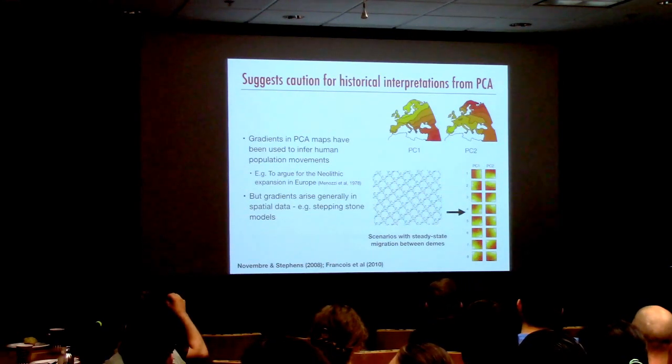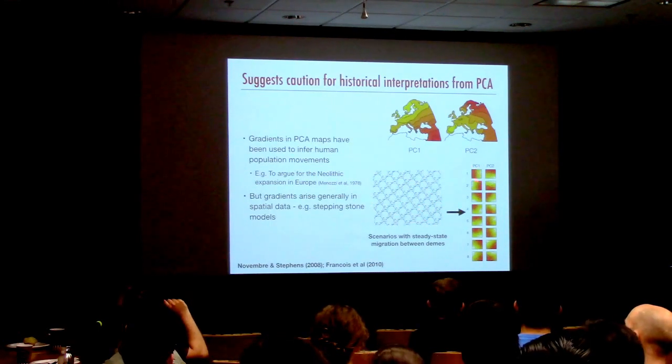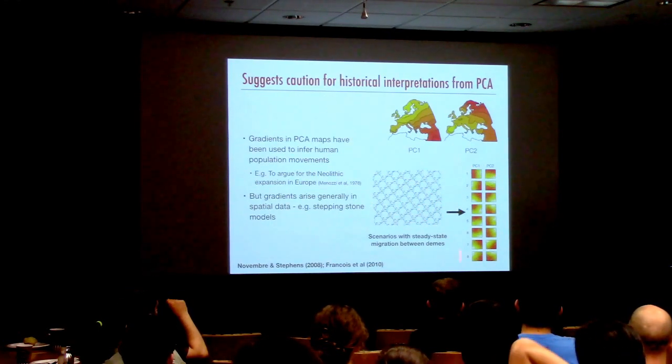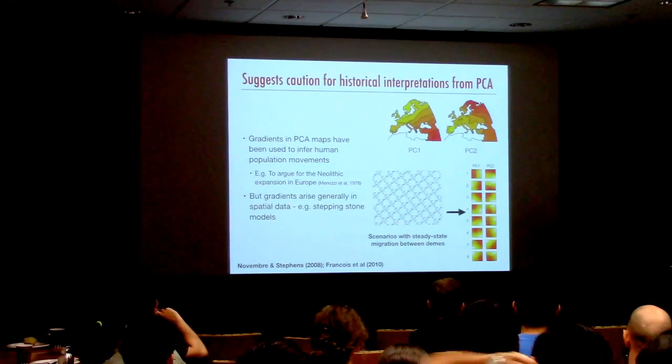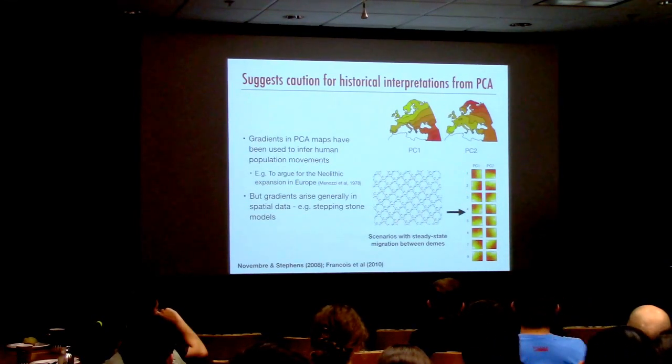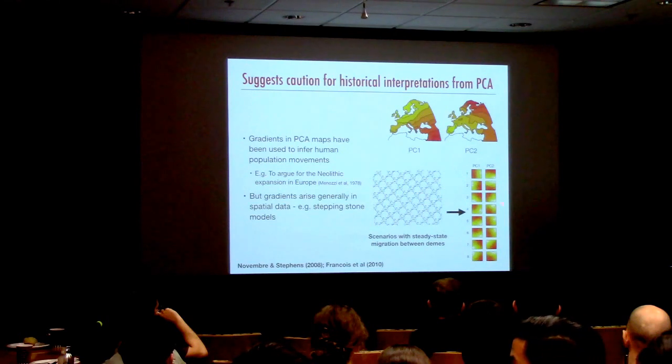The two-dimensional version of what I just showed you is that if we take stepping stone models and look at PC1, PC2 maps, these are 8 independent replicates, you always get perpendicular gradients in each replicate, just like you do here in this European data.